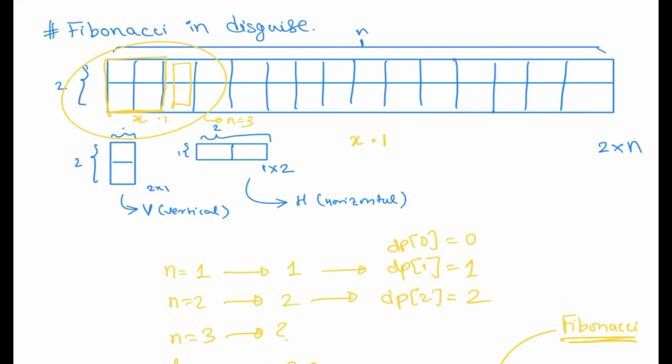So we place one vertical with all the possible x combinations, so it will be x into 1, where x is nothing but 2. As we know, for n equal to 2 we have dp2 equal to 2, and that 2 is nothing but dpn minus 1 for n equal to 3. So this is how we came up with dpn minus 1 into 1.